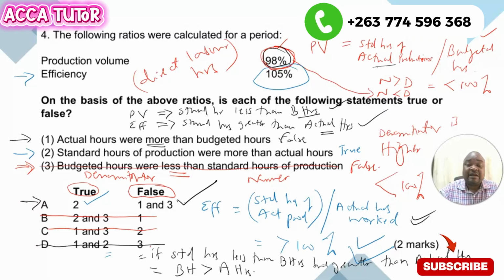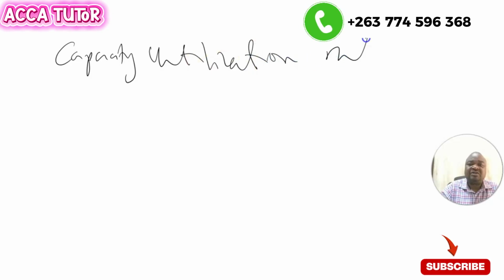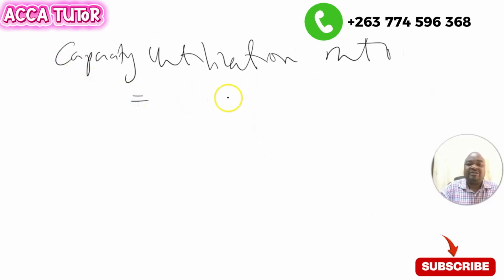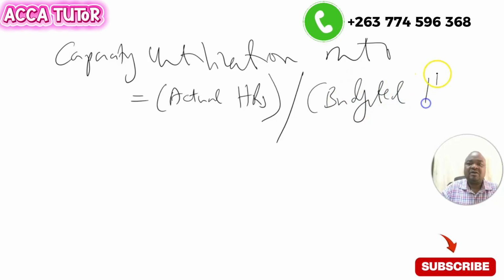That is the capacity utilization ratio. It comes in our examination, where we have to look at not the budgeted, but the actual hours worked, divided by the budgeted hours.